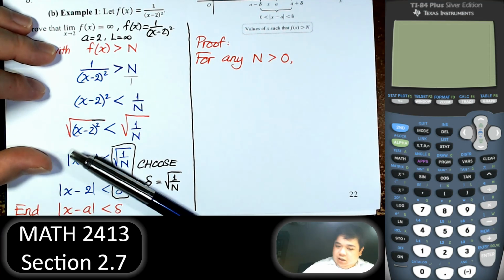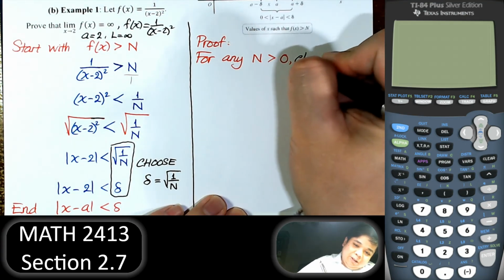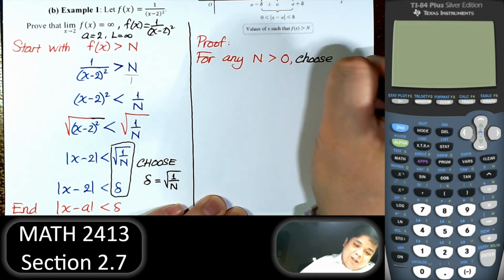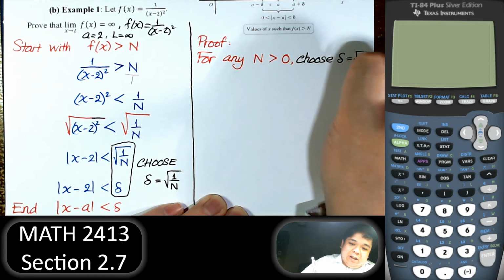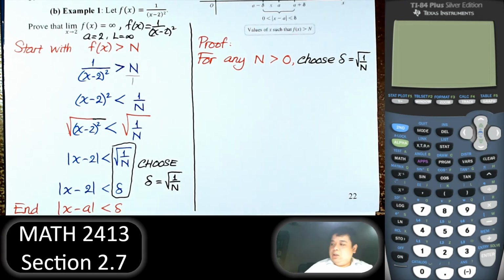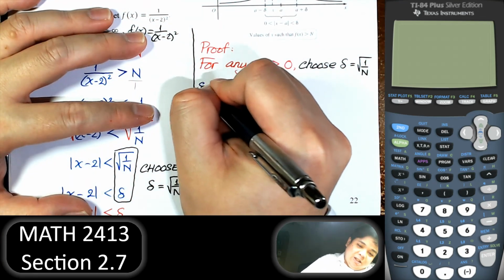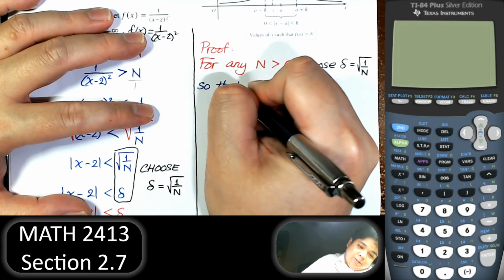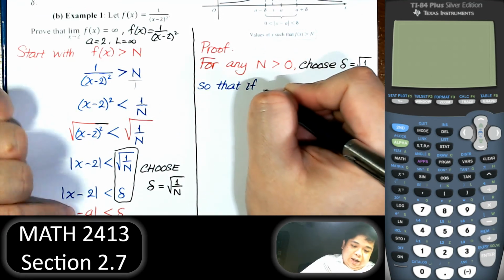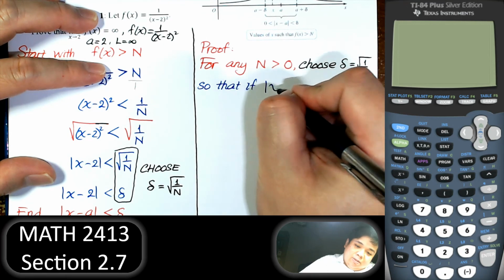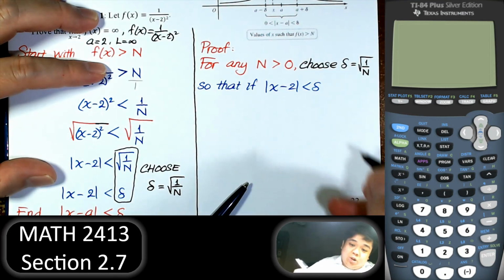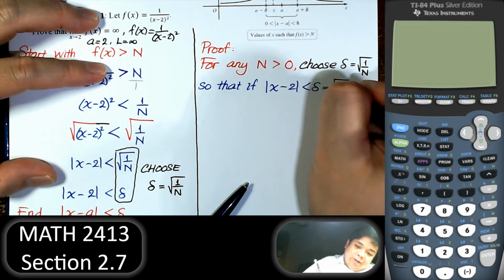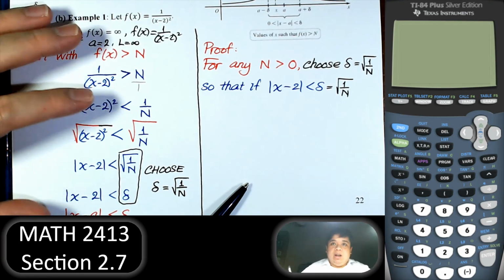Choose delta to be the square root of 1 over n, so that if x minus 2 is less than delta, where delta is the square root of 1 over n, now we will write in reverse.